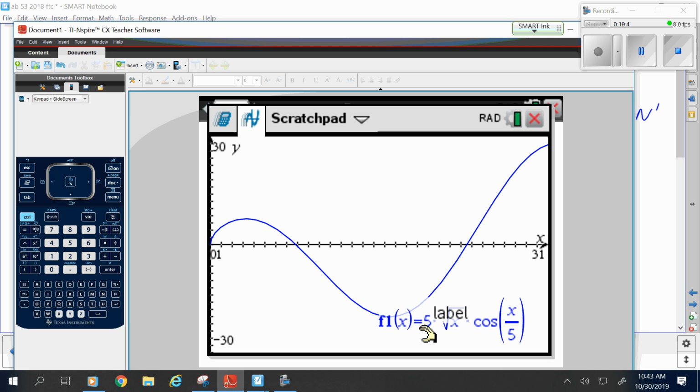So the y-axis shows rate of change. X-axis shows time. So what's happening in this time frame? The rate is positive, so the amount of mosquitoes must be increasing. Here, the rate is negative, so the amount of mosquitoes must be decreasing, and at the end, increasing, all right?